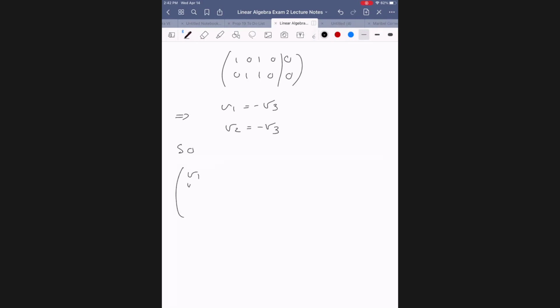So V1, V2, V3, V4. That's just going to be minus V3, minus V3, V3, and V4. So V3 and V4 are free. But at this point, all you've got to do is V3 times minus 1, minus 1, 1, 0, plus V4.